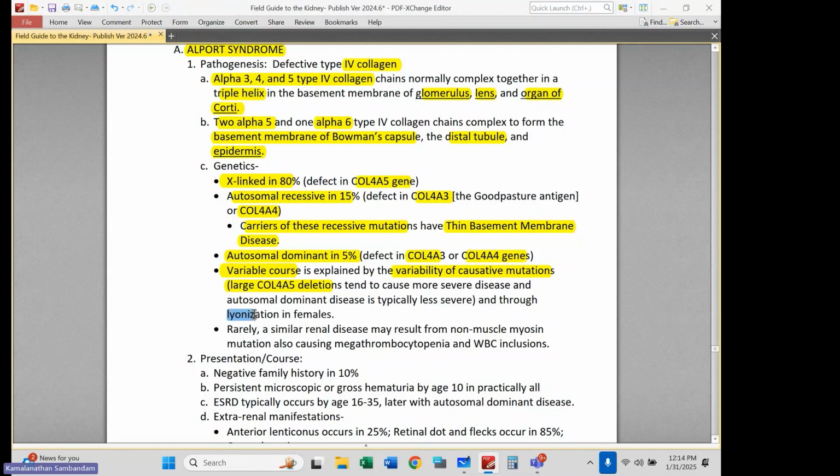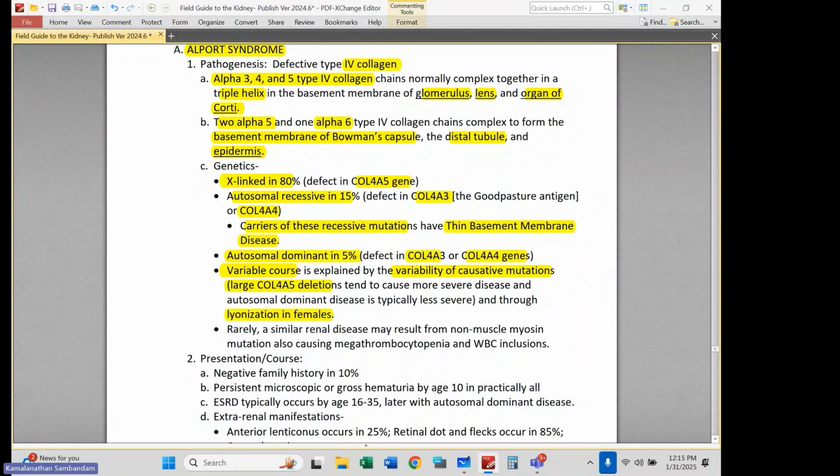And be aware that there's another complexity to this genetic underpinning of the disease. Remember, if I have a mutation in the type 4 collagen alpha-5 chain, this resides on the X chromosome.